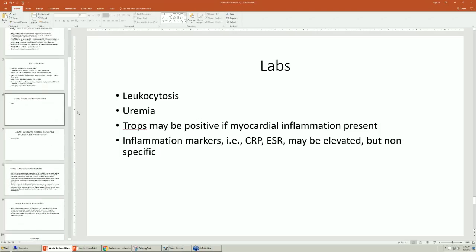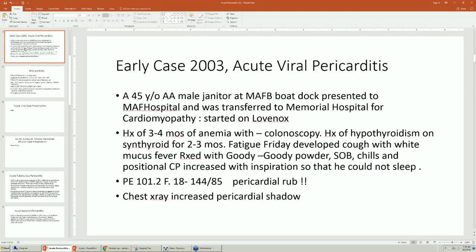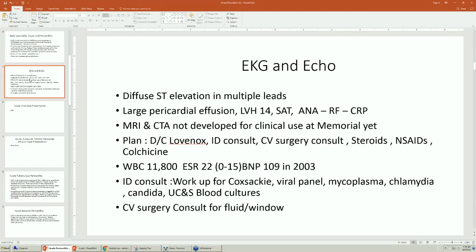Going back to our original case, ANA was negative, rheumatoid factor negative, C-reactive protein negative, and the sed rate was 22. So that's not much at all. You're going to be very disappointed if you're looking for an elevated sed rate.